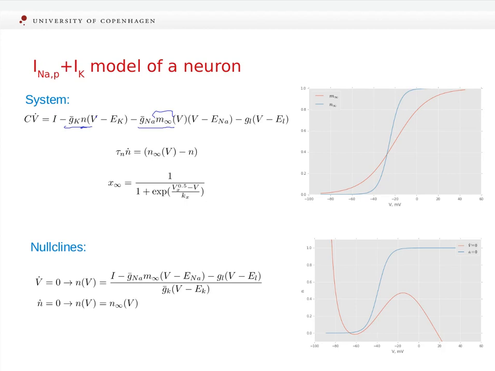This model has only two differential equations, namely one for the membrane potential and the other one for the activation gate of the potassium current. Now, this greatly simplifies the analysis and allows us to understand the dynamics of a neuron on a phase plane.